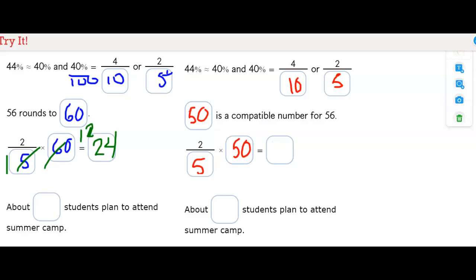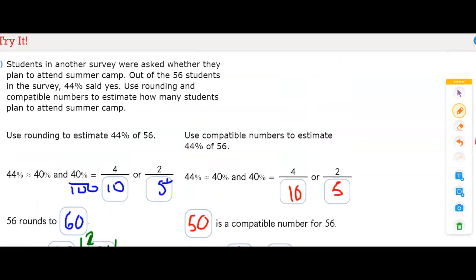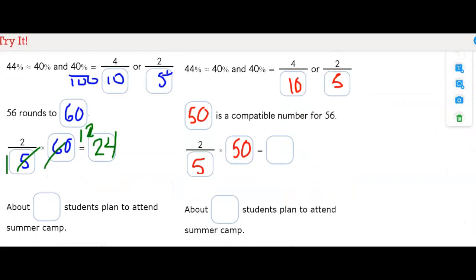So then I would take the factors of 5 and 50. That would definitely be 5, and so that would be a 10.